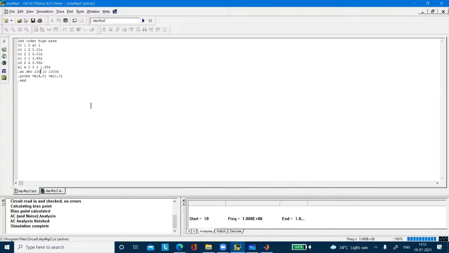Let us analyze starting from 1 hertz to 1 megahertz, that is 1000 kilohertz.